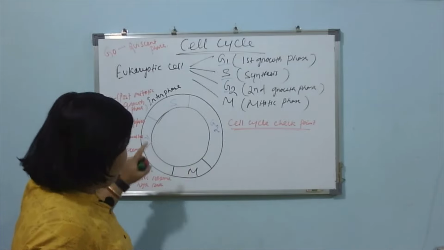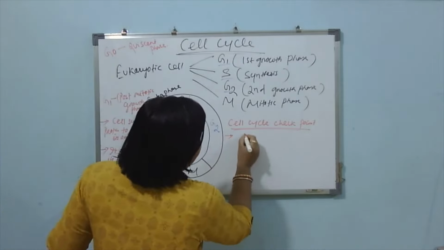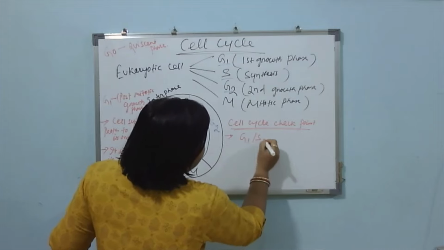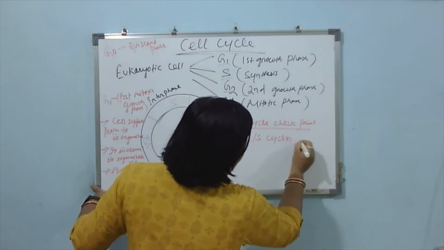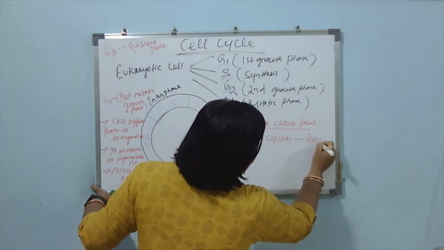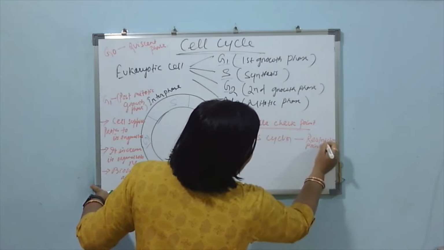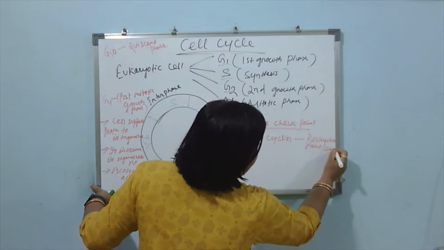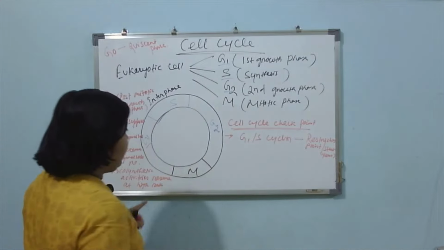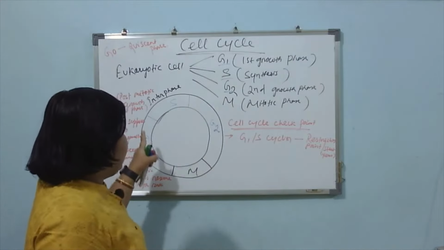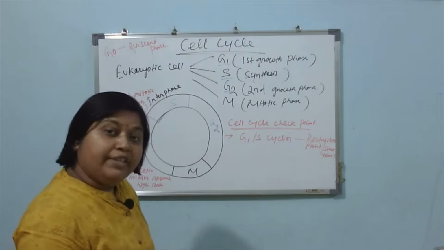During this G1 phase, you will find one checkpoint, that one is G1 S cyclin. It is also known as the restriction point or start point in each cell, to ensure whether the cell is eligible to enter into the next phase or not.